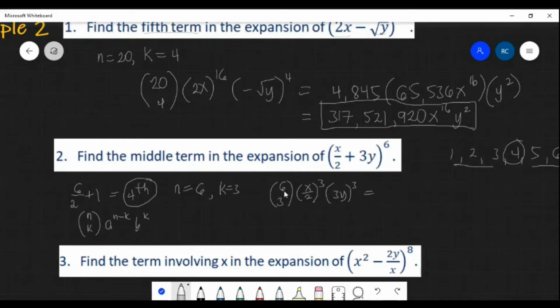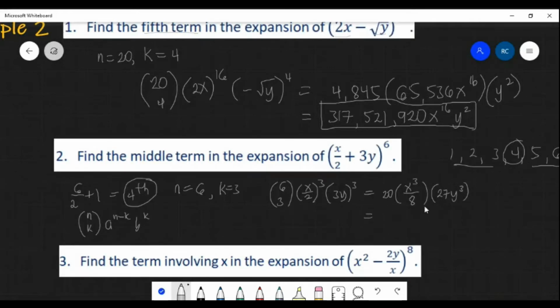Everybody, can you please press 6 combine 3? 20. Okay, it's 20. And then this one, this is x raised to 3 or x cubed all over 2 raised to 3 is 8. Am I correct? Tama ba ako? 8? Tama. Next, 3 raised to 3, how much? 27 is correct. Y cubed.